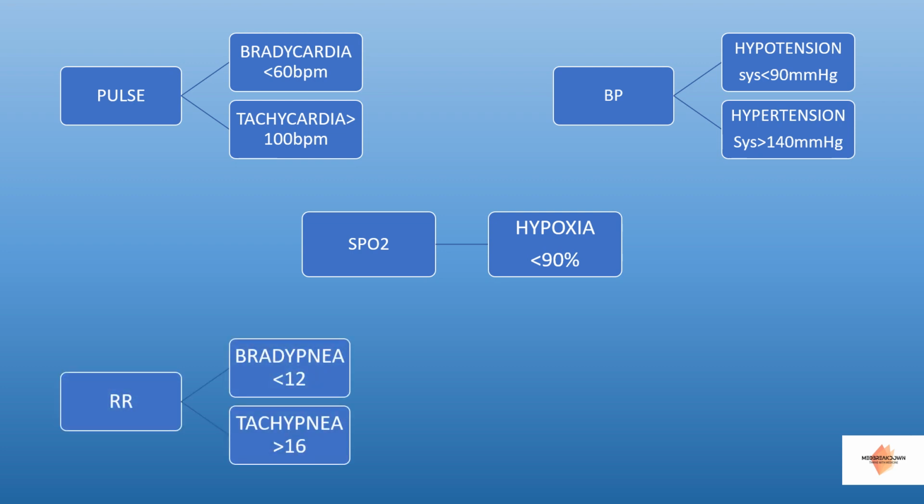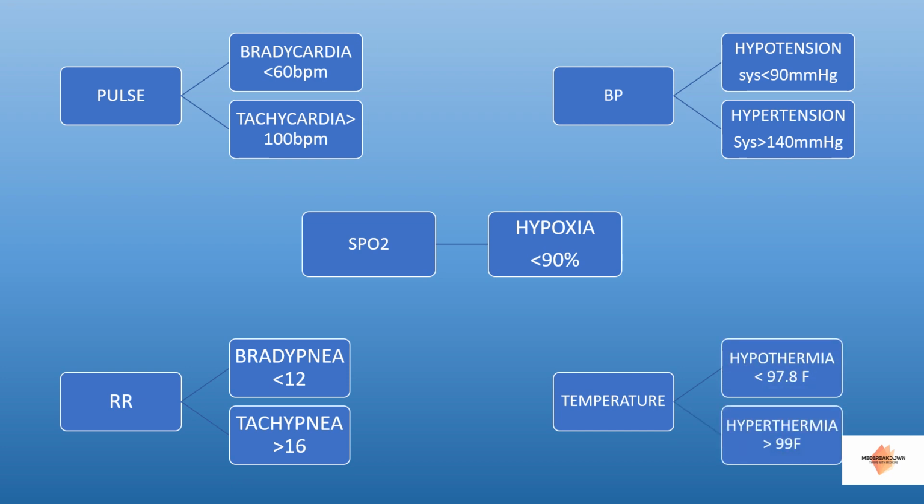Respiratory rate less than 12 is considered bradypnea and more than 16 is considered tachypnea. Temperature less than 97.8 degrees Fahrenheit is considered hypothermic and greater than 99 degrees Fahrenheit is considered hyperthermia.